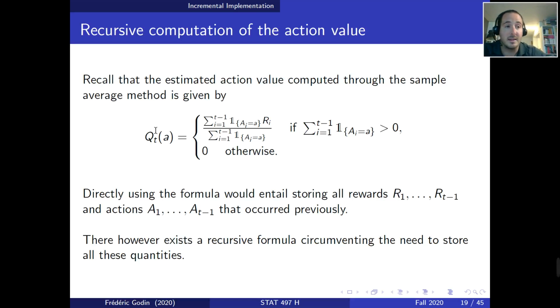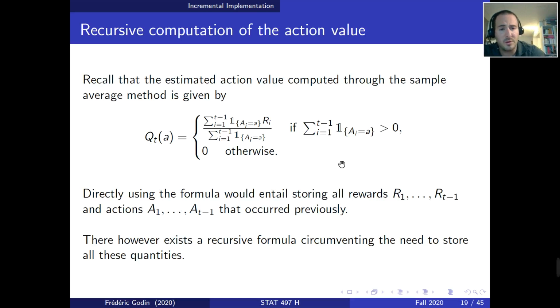And if that lever was never sampled from, then you can assign an initial estimate of 0 for that lever. Okay, so this is the formula we proposed earlier for the estimation of the expected reward for lever a from information gathered from the first t minus 1 plays.